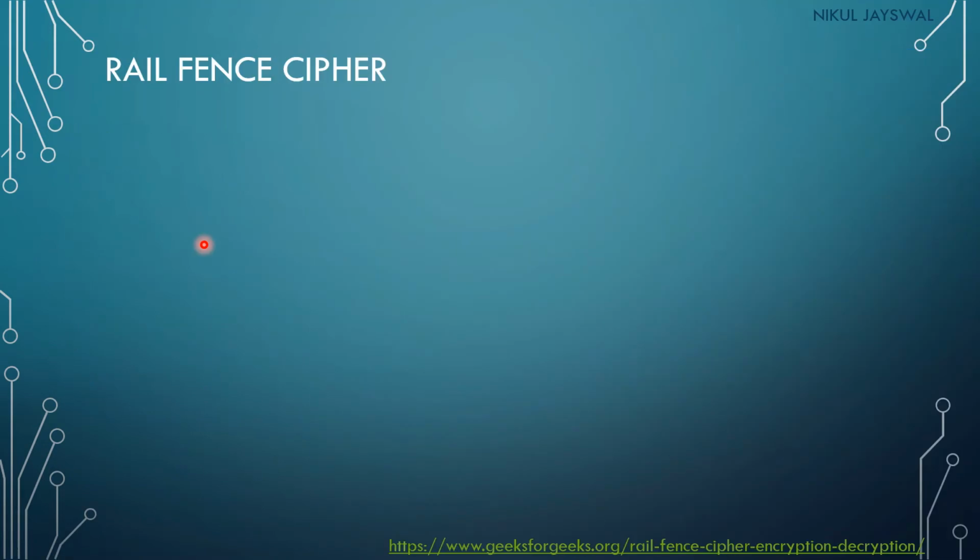Now we are discussing the rail-fence cipher. The rail-fence cipher is a transposition algorithm. That means we are not altering the characters in the plain text. In the substitutional cipher, we are changing the plain text with another character.